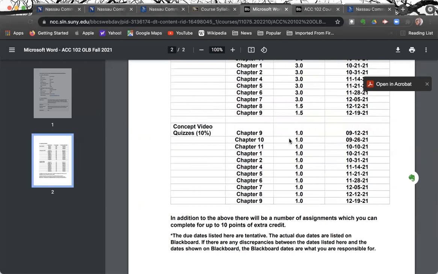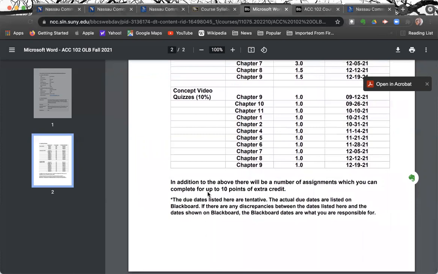Is that going to be more than 10? In any event, the quizzes are going to be 10% of the grade. I might have to go back in here and change this. Maybe 8 and 9 will be half a point. In addition, you'll have the opportunity to do extra credit work. You could get up to 10 points of extra credit.